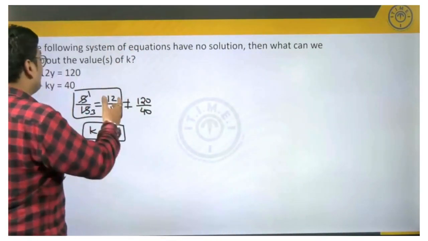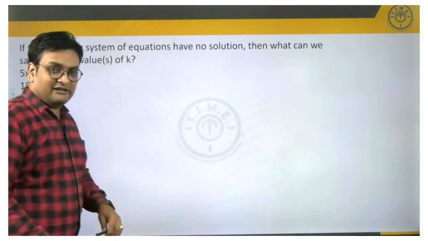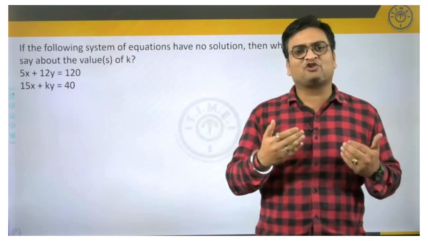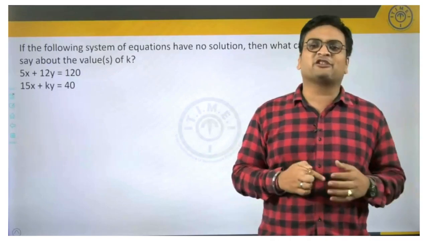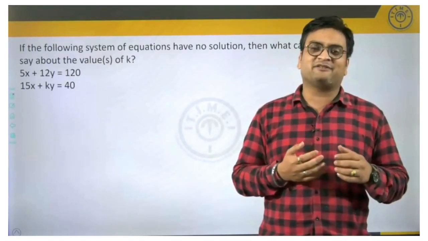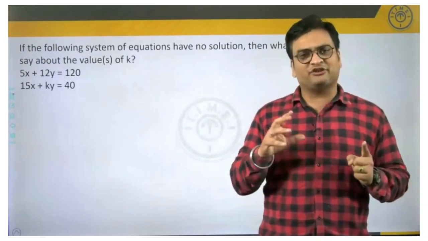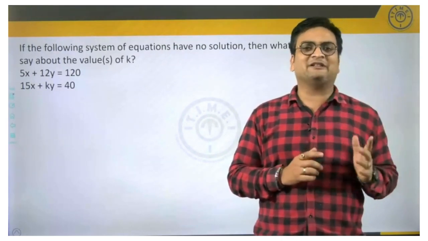Okay. So in your competitive exam, you come across questions which are asked on these lines, wherein the examiner would be talking about consistent equations, or he would be talking about the case where the system of equations has no solution or a single solution, unique solution. You should be aware of the corresponding conditions for that.